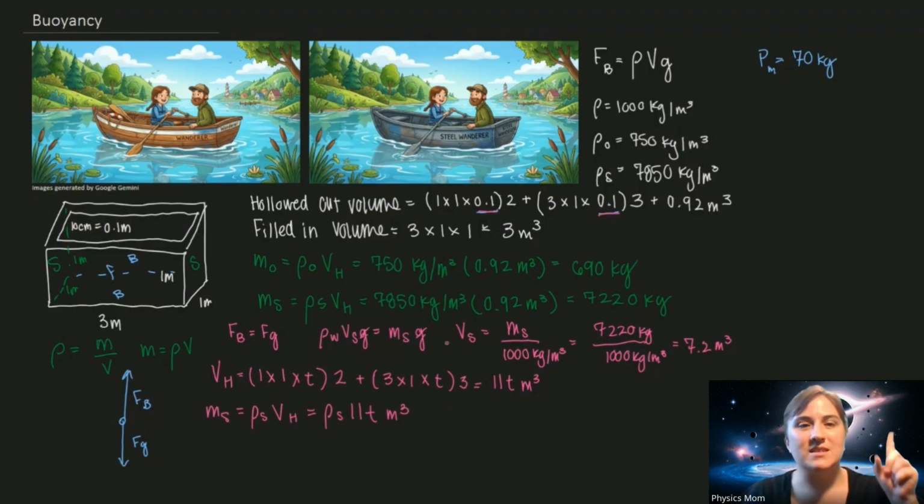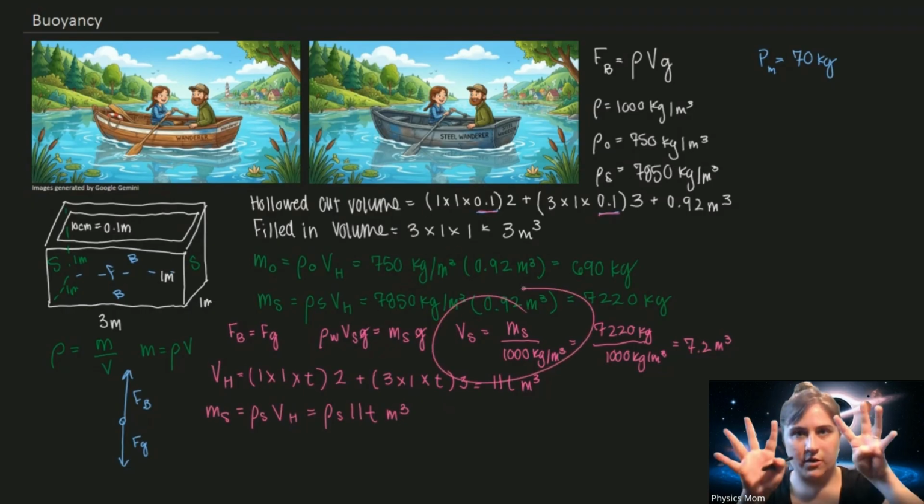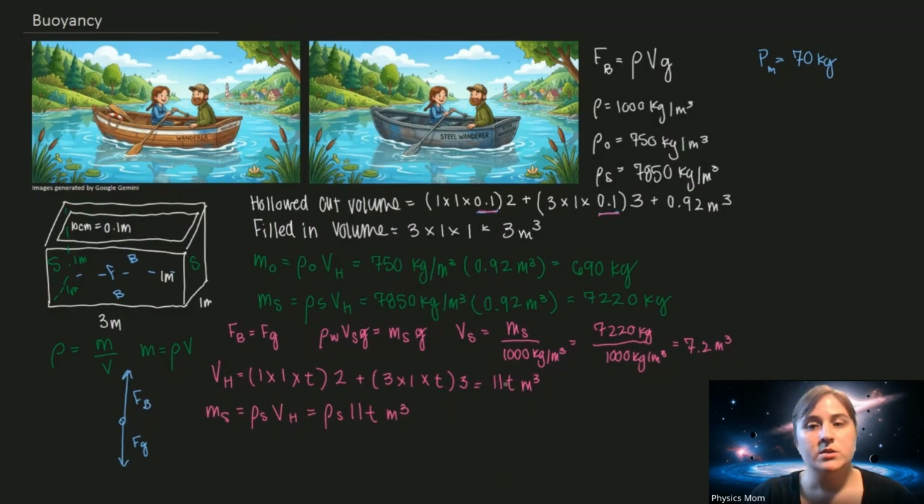I'm going to plug this into my buoyancy force equation. Now, if I want it to stay afloat, I'm going to use this submerged volume relationship. So this volume submerged still needs to be less than our 3 meters cubed because we haven't changed the overall dimensions of the boat. We're just making the material thinner.